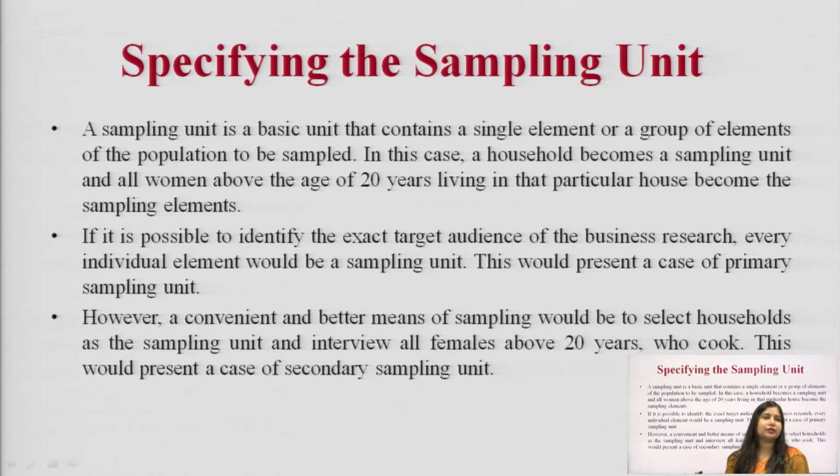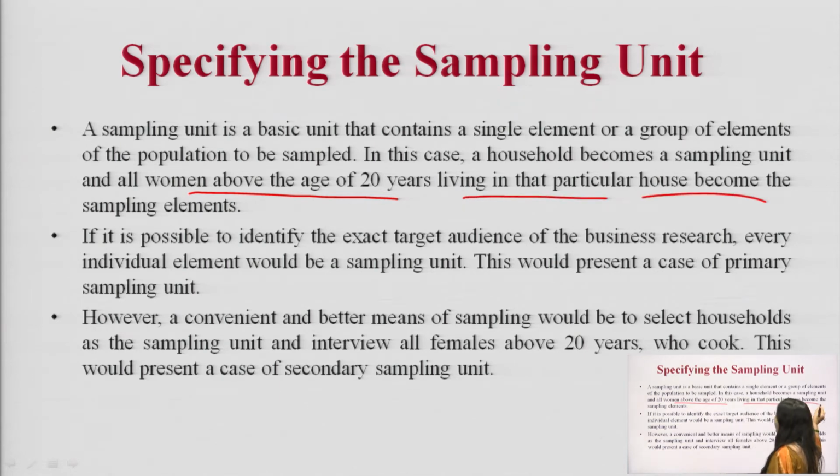Continuing with the same example of the microwave oven, the household becomes the sampling unit, and all the women above the age of 20 years living in the household become your sampling elements. Every household whose income is more than 20,000 rupees, where the female member is more than 20 years old and interested in cooking, becomes your sampling unit.